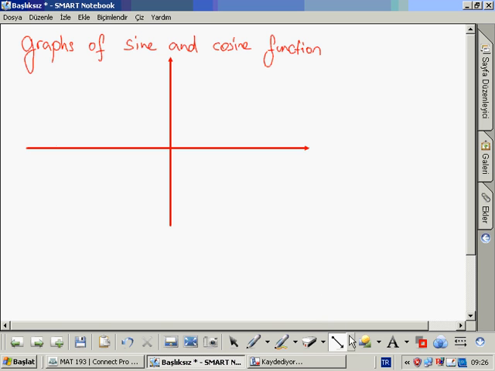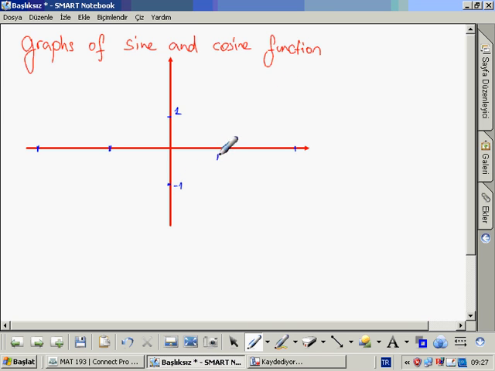Let me sketch first the cosine function. This point is plus 1, and this is minus 1.